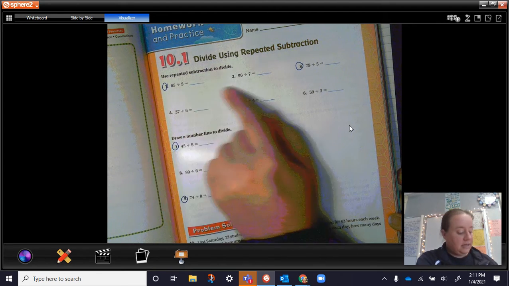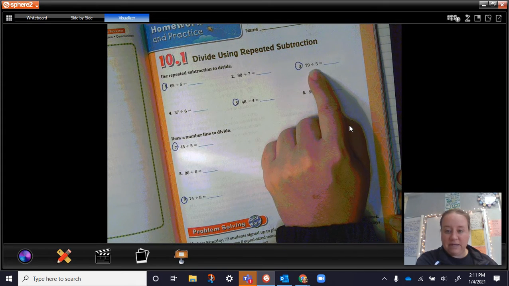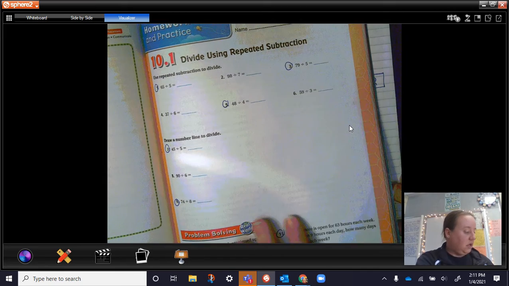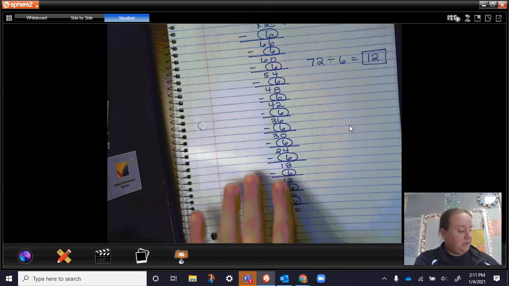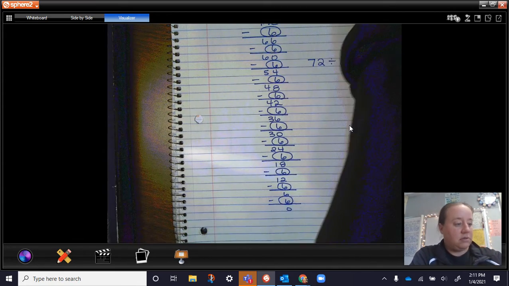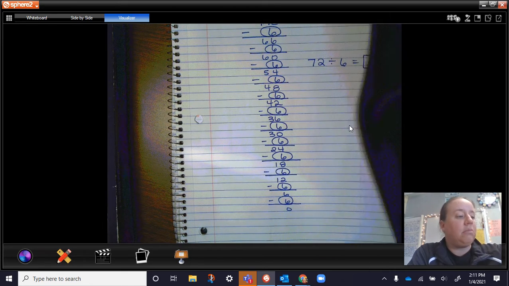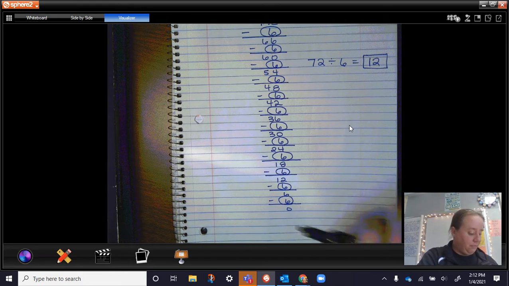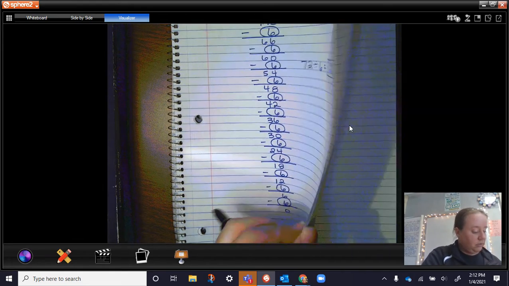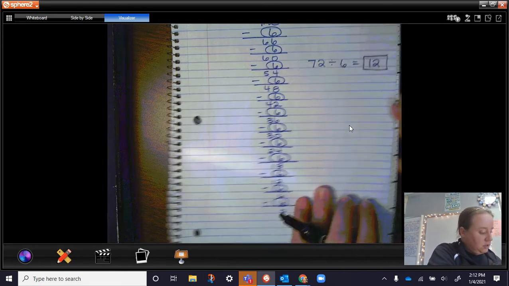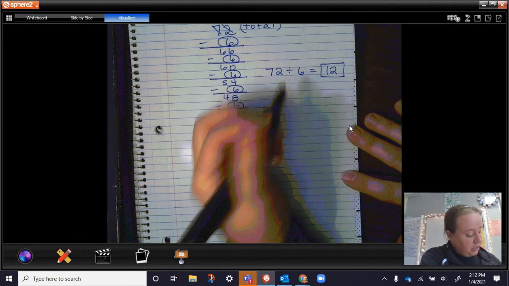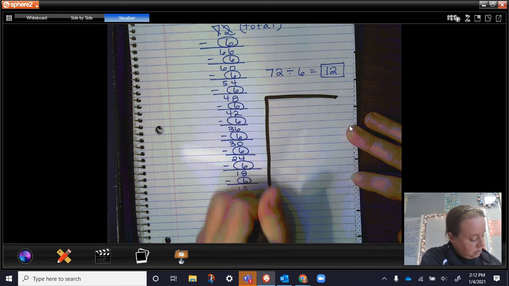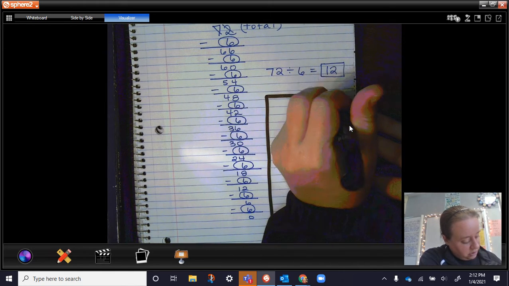Now, some of these, like 79 divided by 5, this is not going to come out evenly. And let me show you what that means. So here, let me get a marker. All right, so here, let's take a smaller number. Let me put this under here so it doesn't bleed through. All right, so let me just box this off so I know this is separate over here.